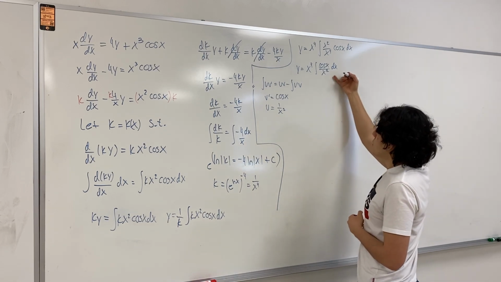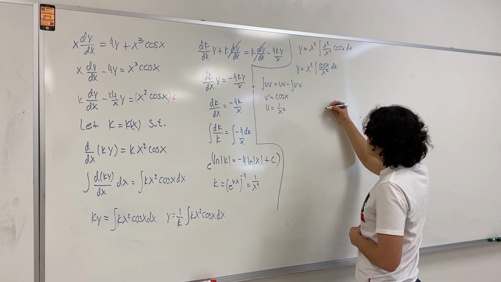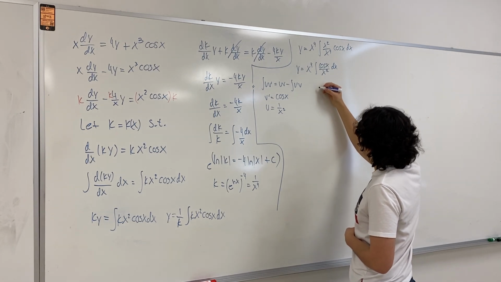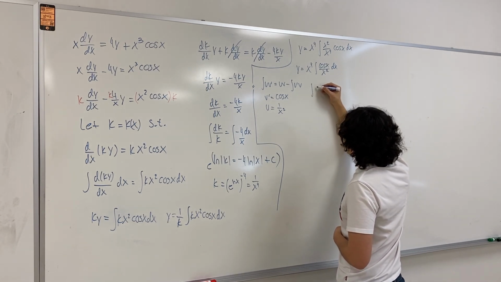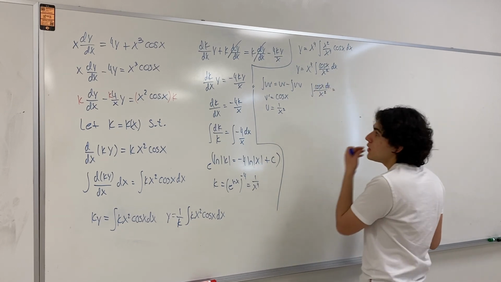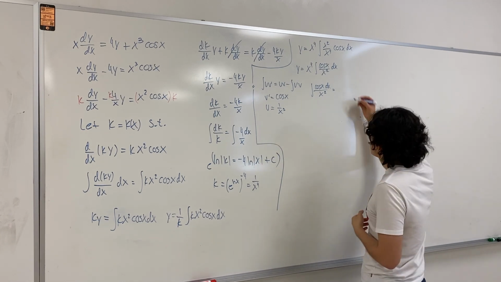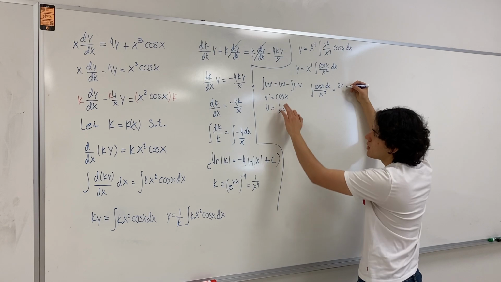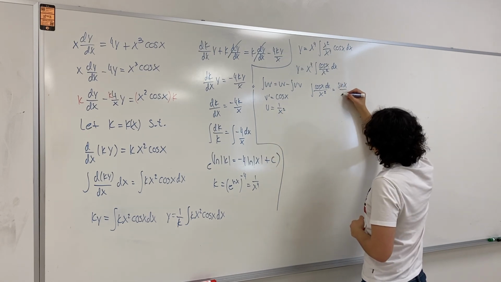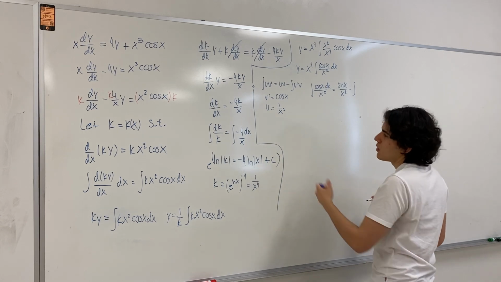Now, that means that we could rewrite this integral like this. We could say the integral of cosine x divided by x squared dx is equal to uv. Now u is going to be 1 over x squared, and v is going to be sine of x. We just integrate cosine x. So this is sine of x divided by x squared minus the derivative of u.